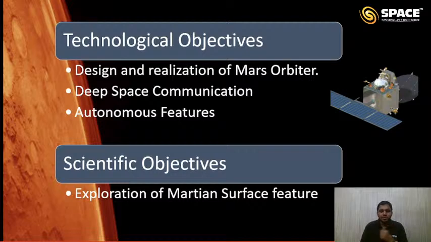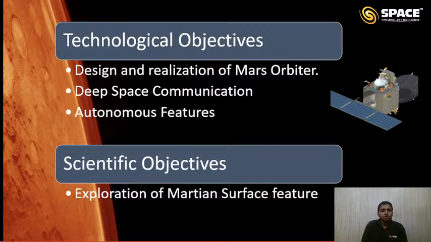So can we develop an orbiter that can communicate with that system? Autonomous features. Let me give you a stat. If you go with the speed of light, you will take nearly 15 minutes to reach Mars. Or let's say if you send a signal to Mars, it will take nearly 15 minutes for that signal to reach there.